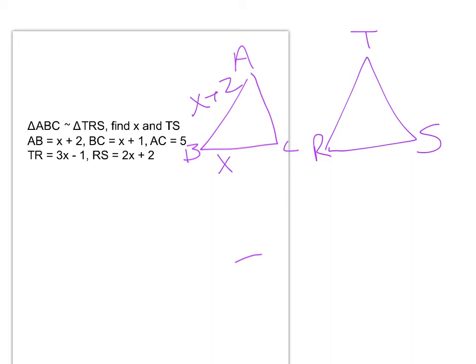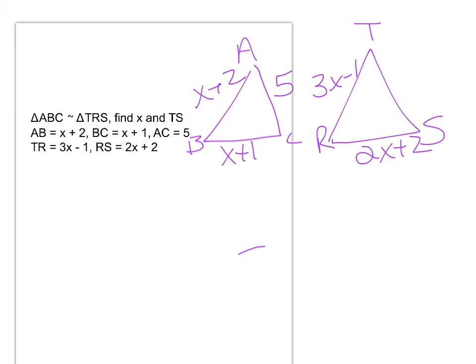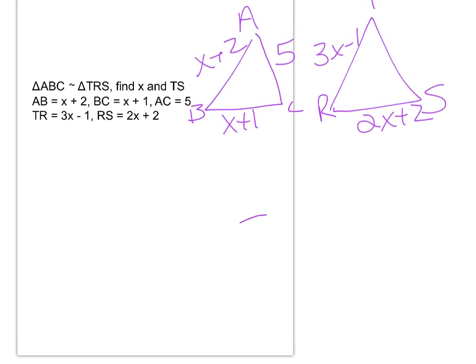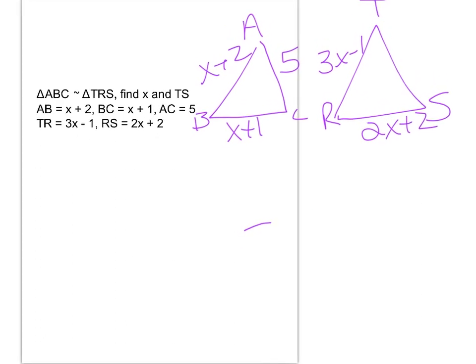BC is x plus 1. AC is 5. TR is 3x minus 1. And RS is 2x plus 2. On this one, they want us to solve for x and find TS.